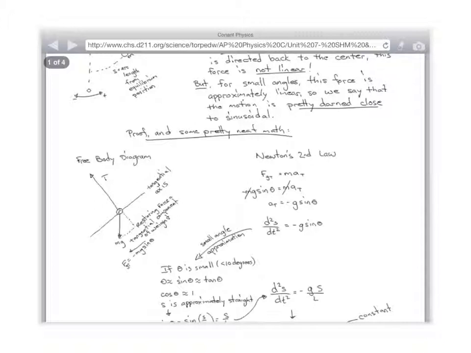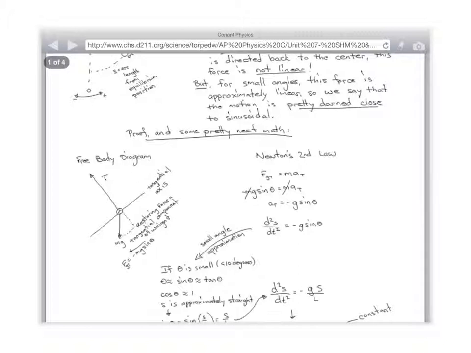So acceleration, we can actually split acceleration up. How does angular acceleration relate to theta? Theta over 2? No, it's not constant. You can't use constant acceleration equations.